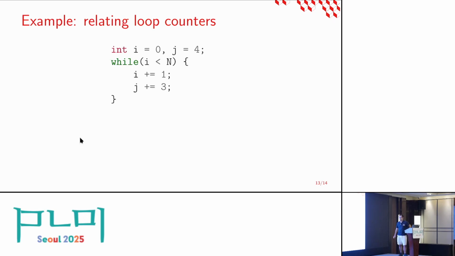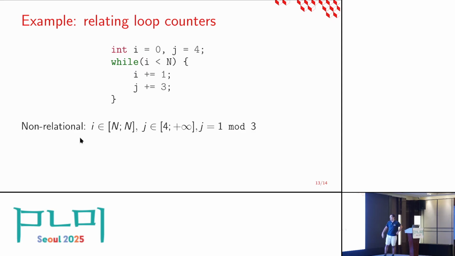And these might seem like cherry-picked examples, but they are sufficient to handle the example I showed in the beginning, or this one, which is essentially the same but simplified. It's when you have simultaneously increasing loop counters. If you run a non-relational analysis on this, you'll find that you have a precise value for i, because you're going to identify that i is a loop counter, and so narrowing will be able to reduce it to a precise value, but you won't get a precise value for j.